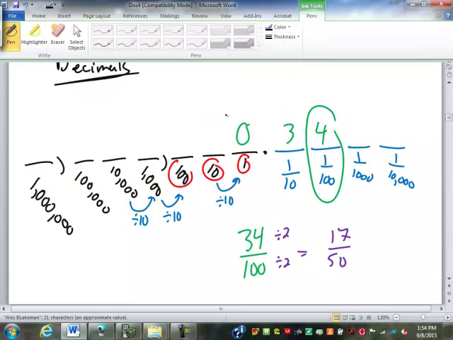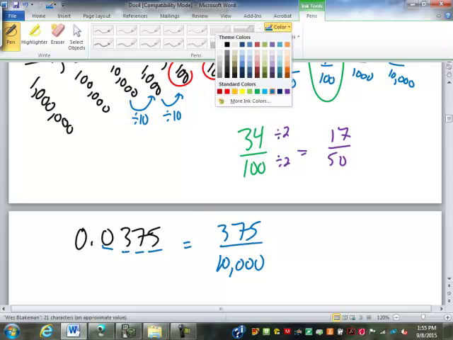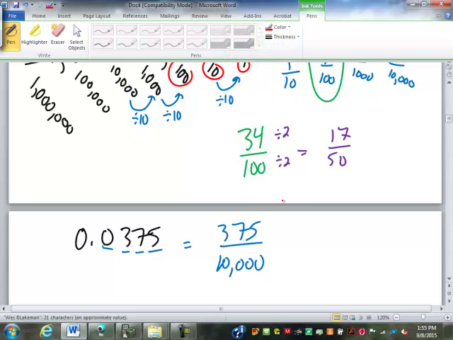So what if I have 0.0375 as a decimal? How do I turn that into a fraction? 375 of 10 thousandths. Perfect. Because tenths, hundredths, thousandths, 10 thousandths. Okay. Well, one little trick I want to show you, just to double check: 1, 2, 3, 4 decimal places, 1, 2, 3, 4 zeros in your denominator.